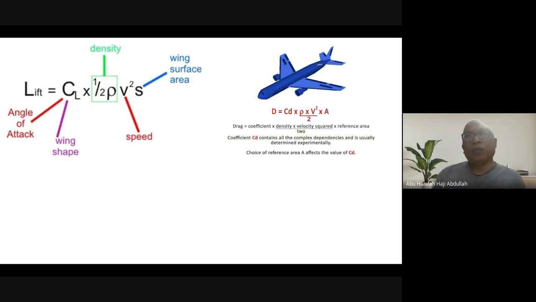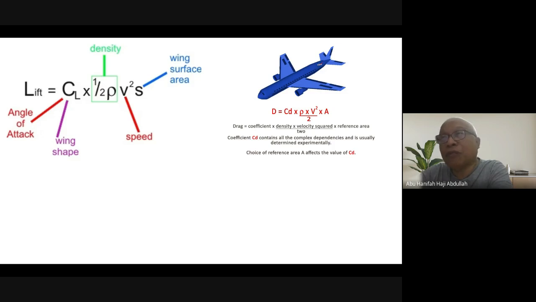You're able to speed up the aircraft using your engine thrust to some speed or very high speed. Then you also have enough surface area, which is calculated. That's why when you're doing takeoff and landing, you put your flaps down, which increases the surface area of the wing section as well. So this is a magic formula, or magic equation, used in aircraft technology, and that's why aircraft fly, because we have this formula.